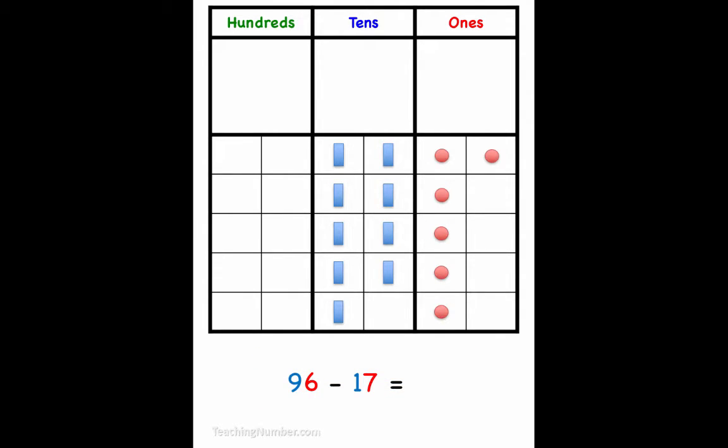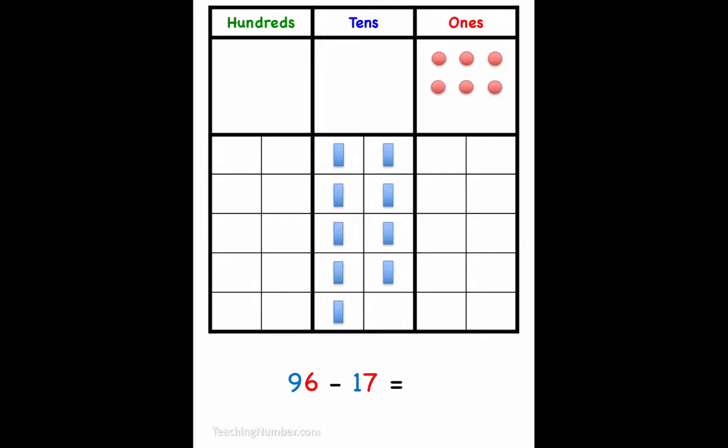However, let's pause for a moment to recall from stage 14 the relationship between the number of ones in the subtrahend and the number of ones in the minuend when regrouping is required. Because the difference between 6 and 7 is 1, we know that when we take the 6 available ones from the minuend, we will need one more 1 to make 7.